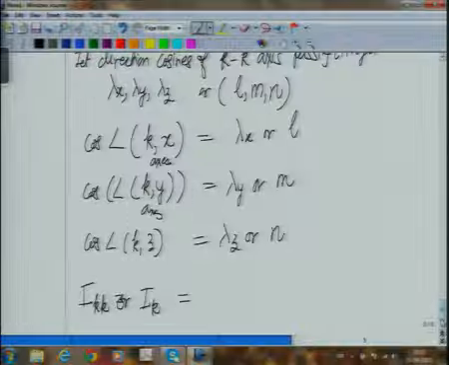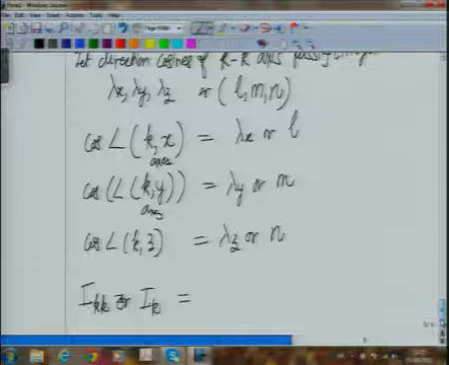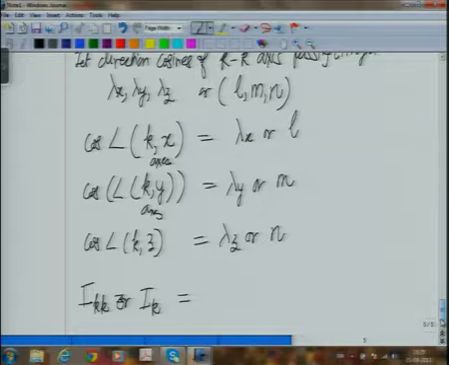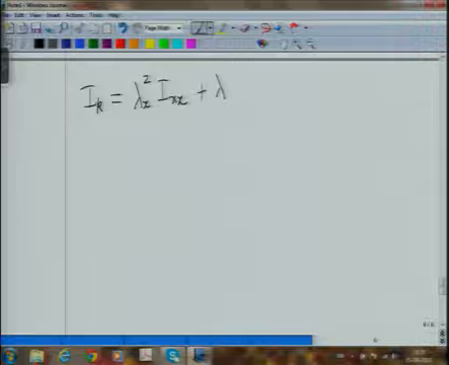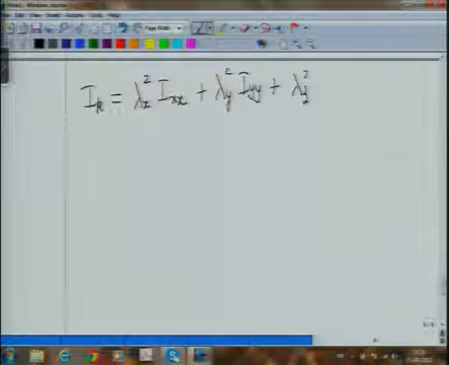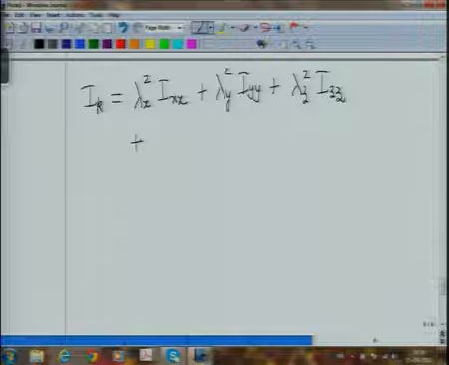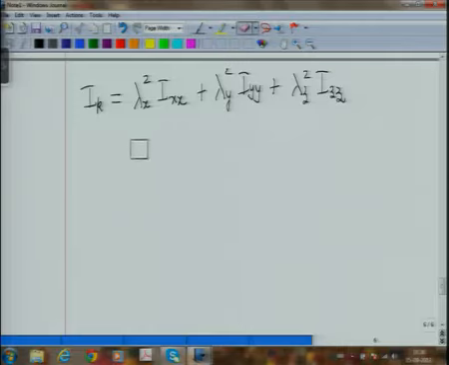I have done only one derivation, that is of the parallel axis theorem. Here similarly we have to just put everything in terms of the new axis and the old axis, and it's given in the book. What you get, I'll write it on a fresh page: IK is equal to lambda x square Ixx plus lambda y square Iyy plus lambda z square Izz, minus 2 and so on.